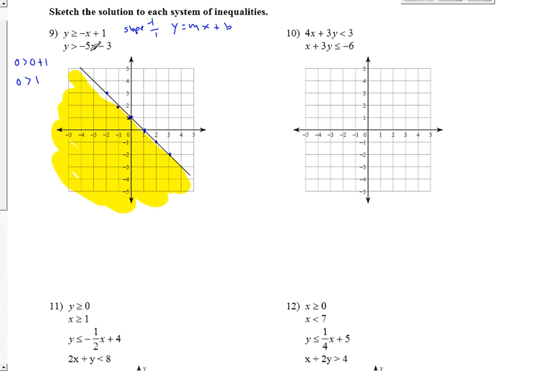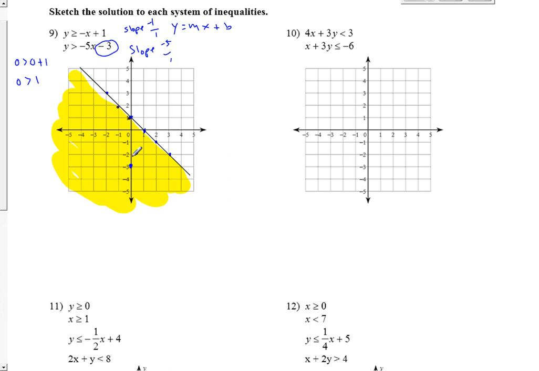Now let's look at the other inequality. My y-intercept on that is negative 3. So I'm going to go down to negative 3. My slope is negative 5. Well, that means I have negative 5 over 1. If I go down 5, that's going to get me off the graph.